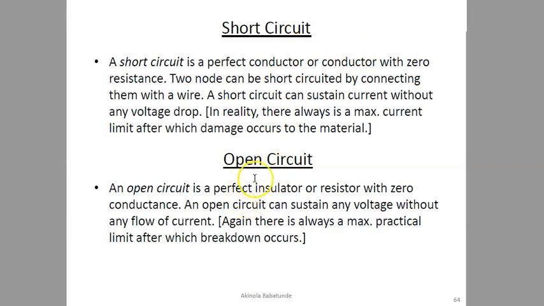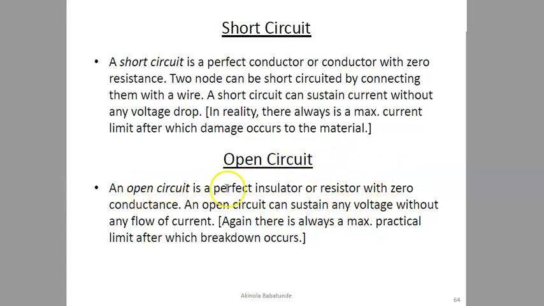For the open circuit, it works as a perfect insulator. This simply means that it doesn't allow current to flow. So the current when we have an open circuit is usually assumed to be equal to zero. In this case, we have what we refer to as the open circuit voltage, which is the maximum voltage possible across a particular circuit or across a particular circuit element.